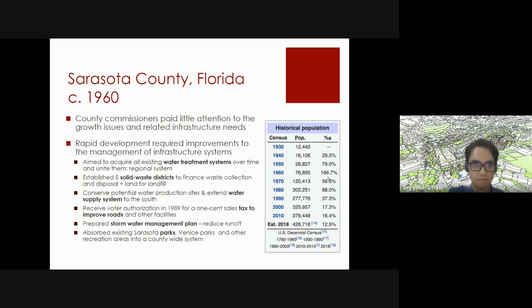Because of this rapid population growth, the city needed to have a growth management plan in place.